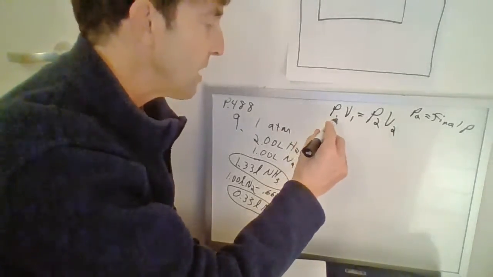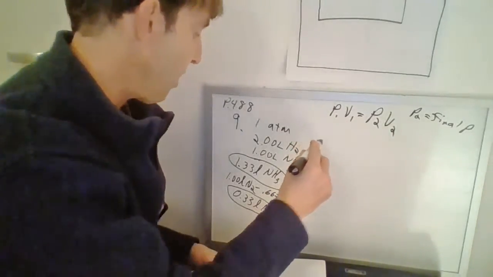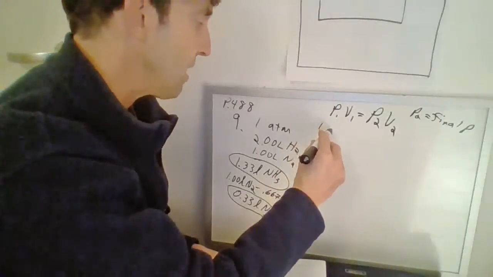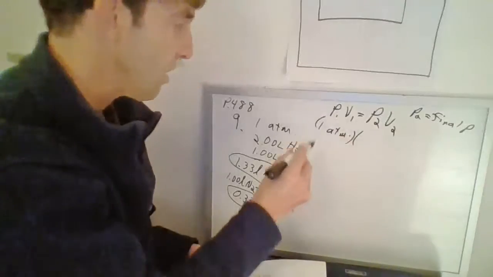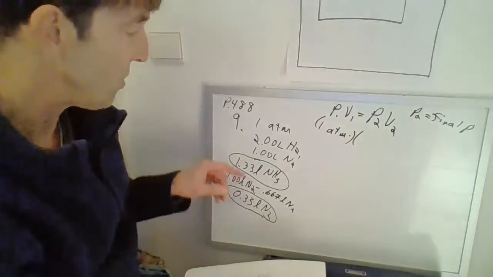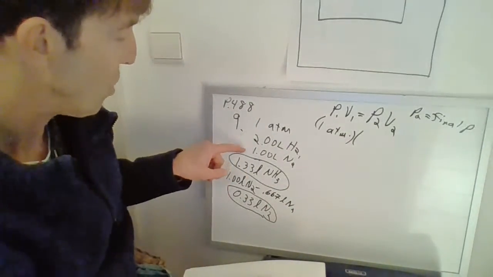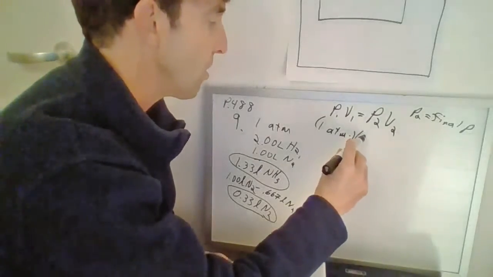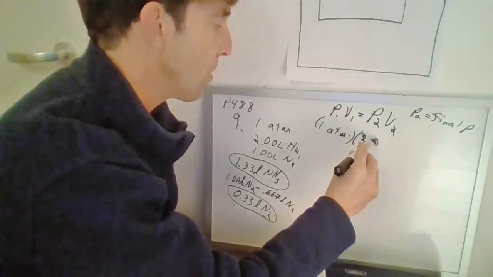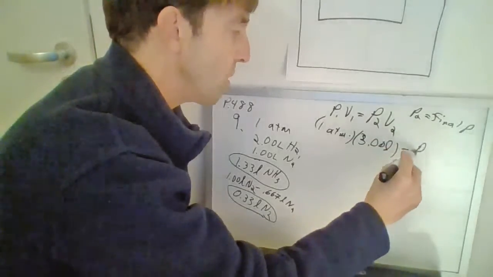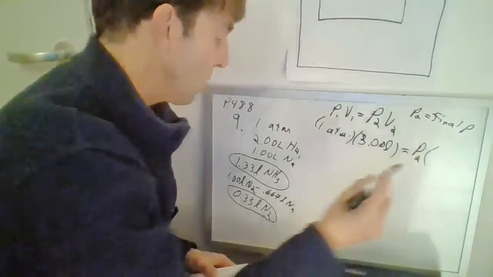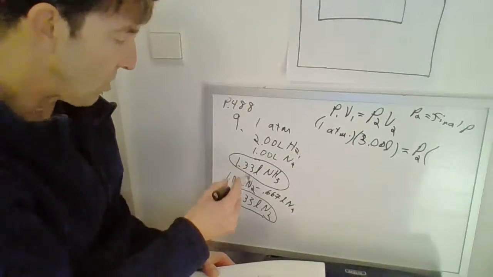All right, you ready? Yes, I know there's another question, but let's get this one first. Okay, so P2 is going to be, P1 was 1 atmosphere, right? Times V1, which was how much total volume? 3 liters. Equals P2, we don't know, times what's our final volume here? Add these up.